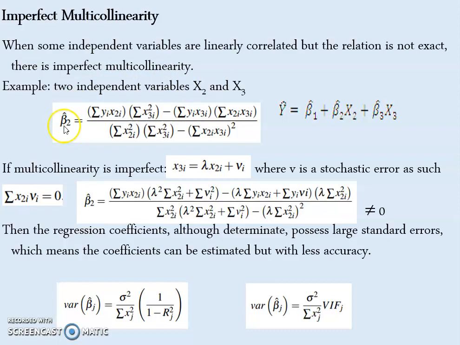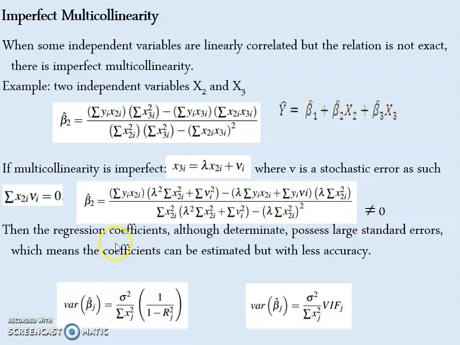When we look into the formula for beta 2 hat, suppose we have imperfect multicollinearity whereby x3i is lambda x2i plus vi. This is the stochastic error, meaning that it is random. When we replace x3i with lambda x2i plus vi in beta 2 hat, we won't get 0 over 0. It will be something not equal to 0, meaning that we can get the estimates.